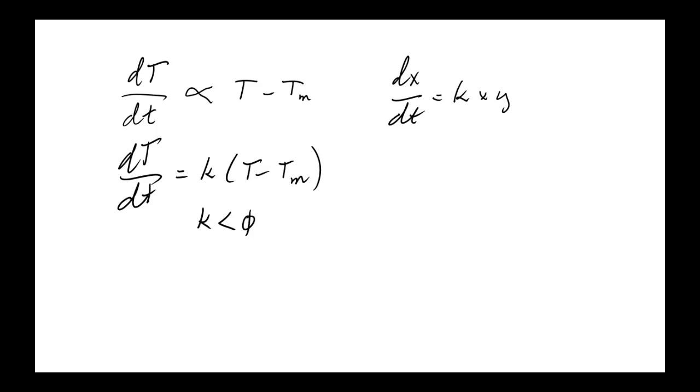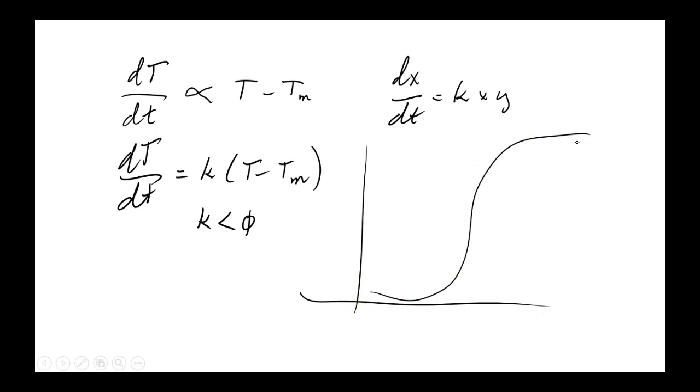And actually, if you study this one, it gives you a curve that does something like this. It's called a logistic curve, I believe, where this would be your total population. So if your total population has been exposed, the rate is going to 0. If not many people have been exposed, the rate is already close to 0.